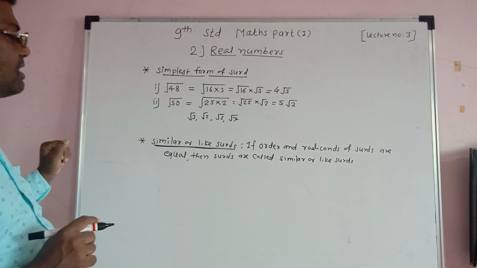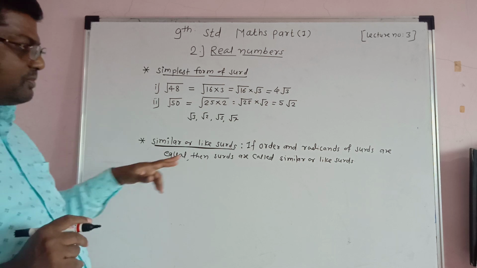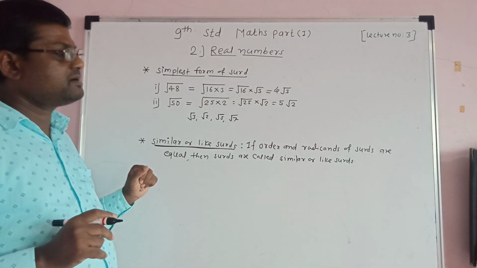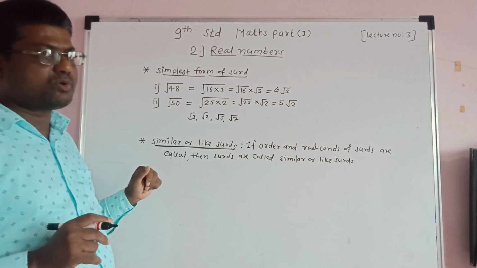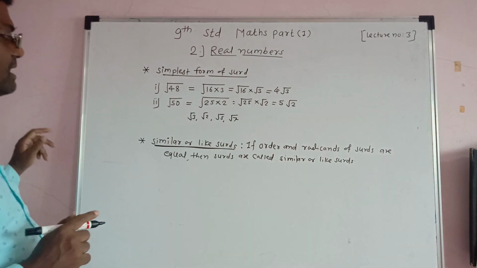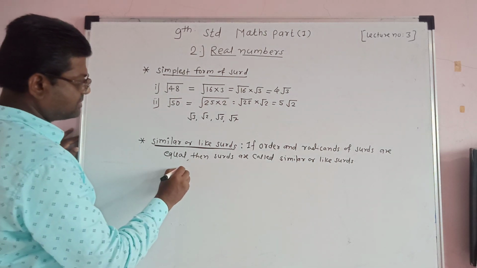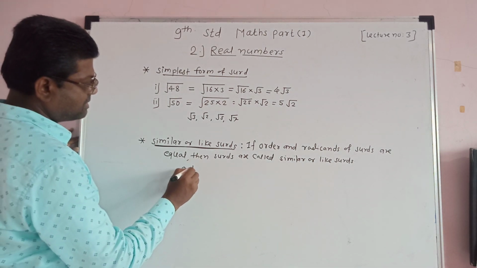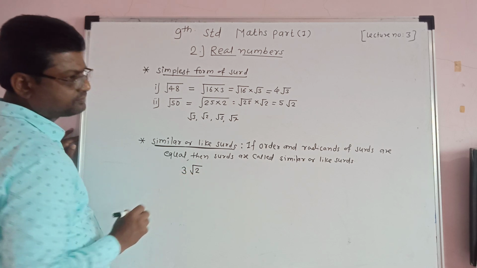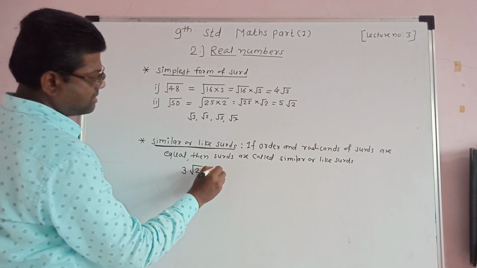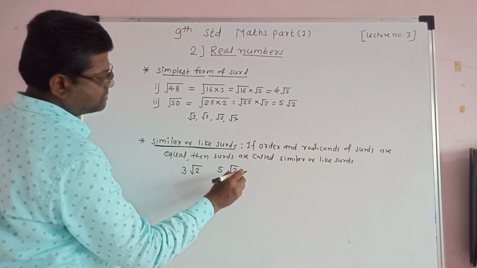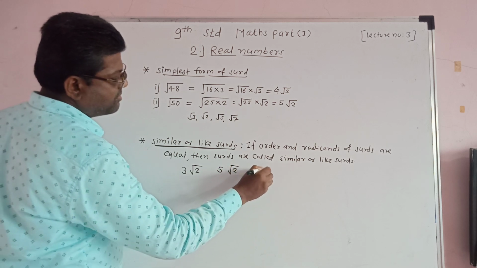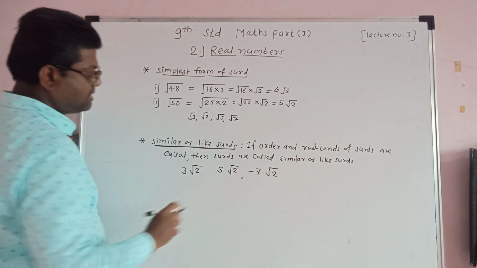Now, similar or like surds. If the order and radicands of surds are equal, then the surds are called similar or like surds. For example, 3 root 2, 5 root 2, minus 7 root 2.